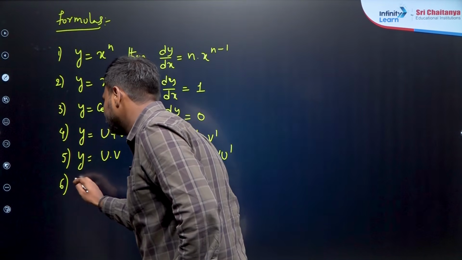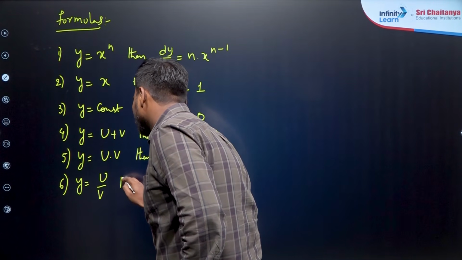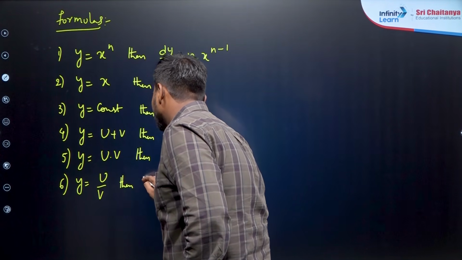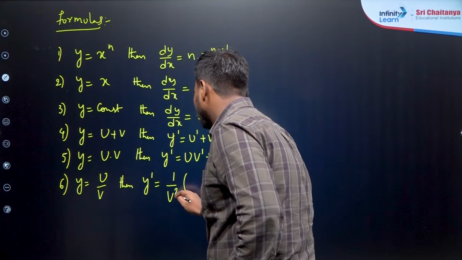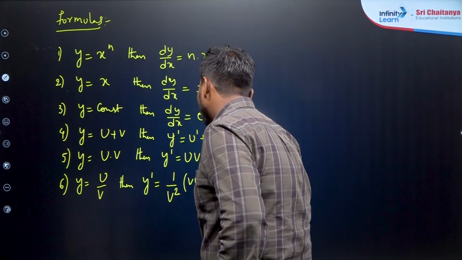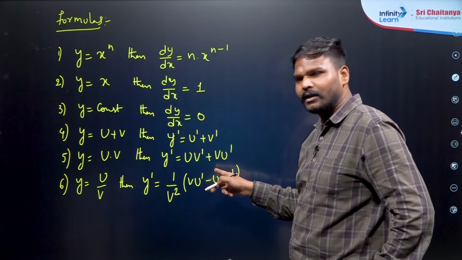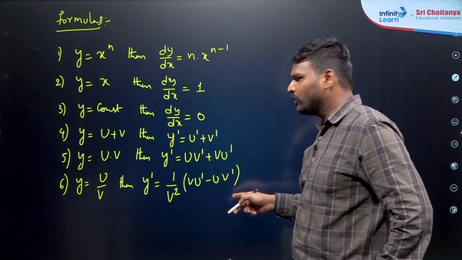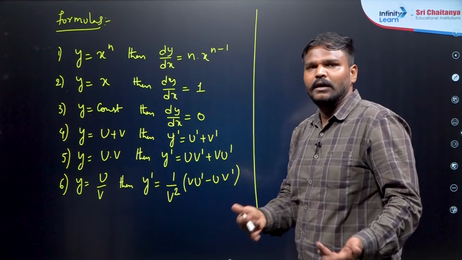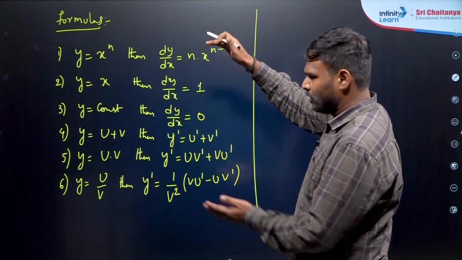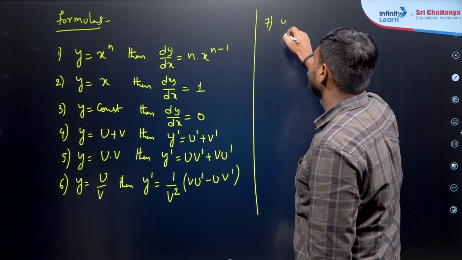Next, u by v, then what is y dash? 1 by v square into v u dash minus u v dash. Denominator into derivative of numerator minus numerator into derivative of denominator. These are all algebraic relations, formulas.